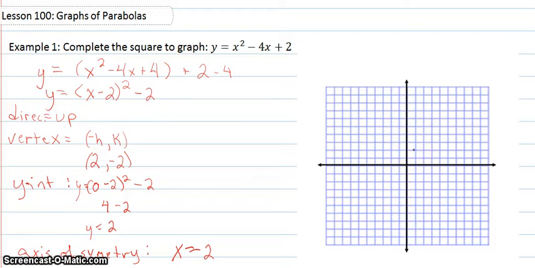So using this information, I can now graph a parabola. So 2, negative 2, so 1, 2, 1, 2, that's my vertex, and then the y-intercept was 2, so I go here to the 2.